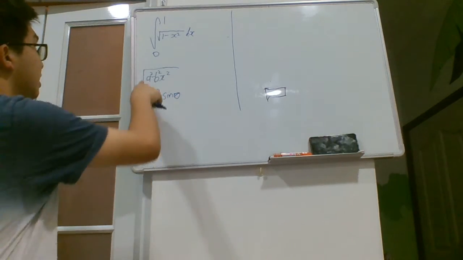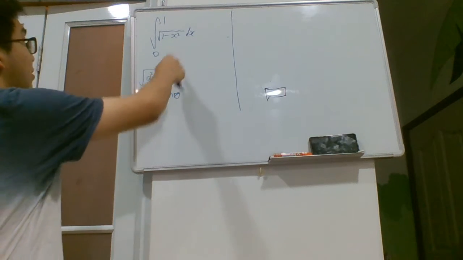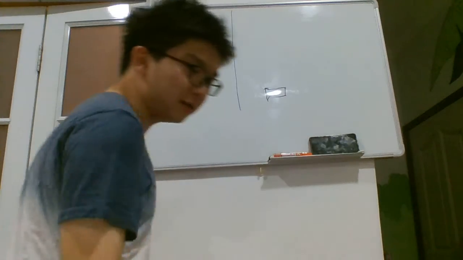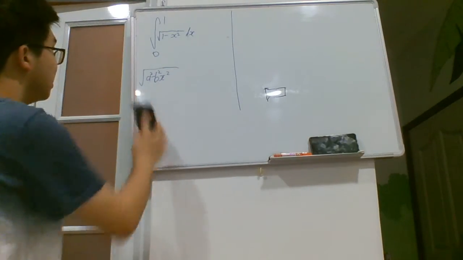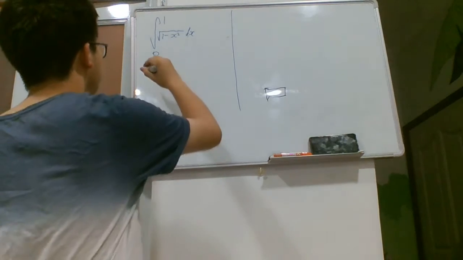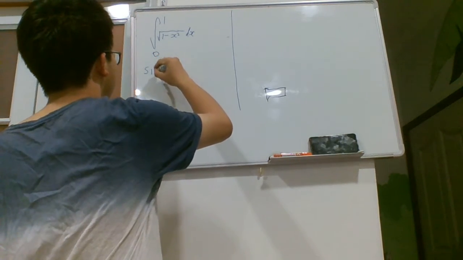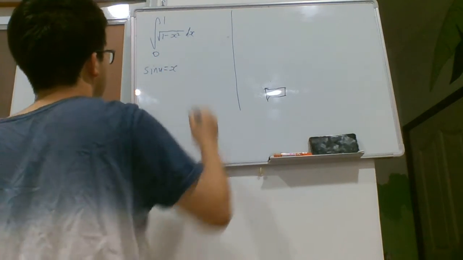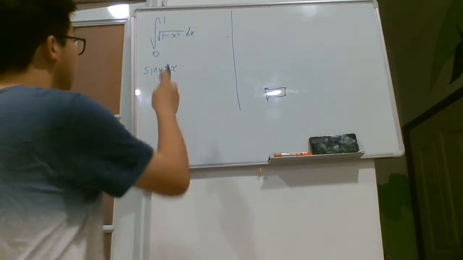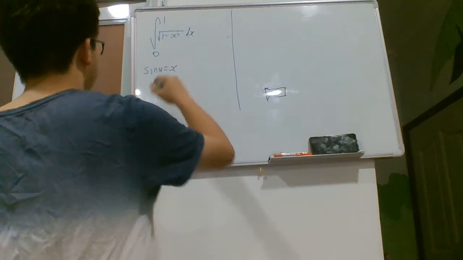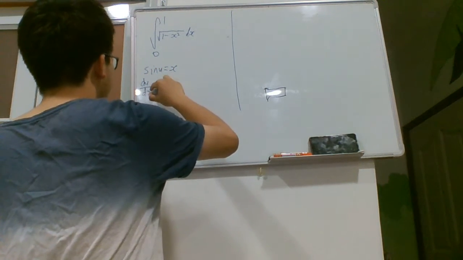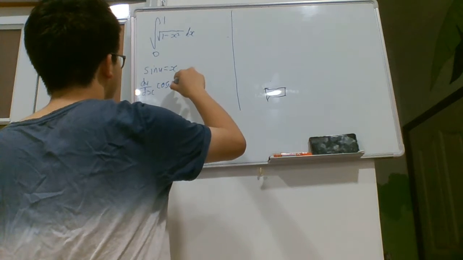So as you can see in this case, a will be 1, b squared will be 1, x squared will be x squared. So in this case, we will substitute sine u equals x, since I like to use u. By doing integration by substitution, you differentiate this, and by implicit differentiation, this will give you dx cos u equals 1.